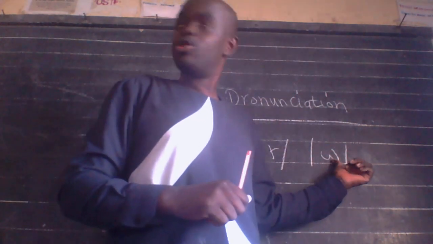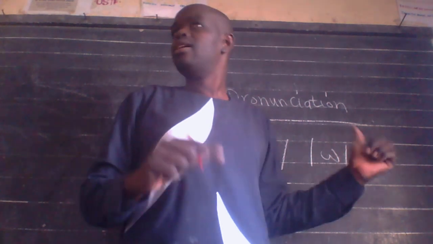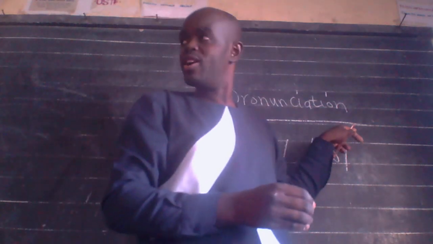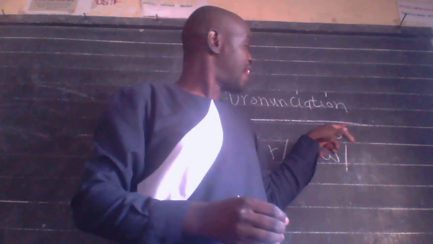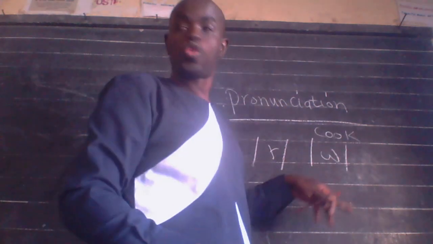The letter W, you pronounce it, your tongue makes something like, it's as if you want to say O. Oo. It's like you want to say O, as in cook. Cook. Right? Cook.